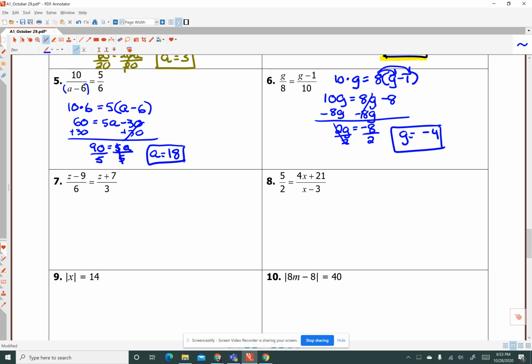Number 7. Remember, go ahead and put parentheses around these to help you remember to distribute when you write out your problems. So 6 times the quantity of Z plus 7 set equal to 3 times the quantity of Z minus 9. And now we distribute.